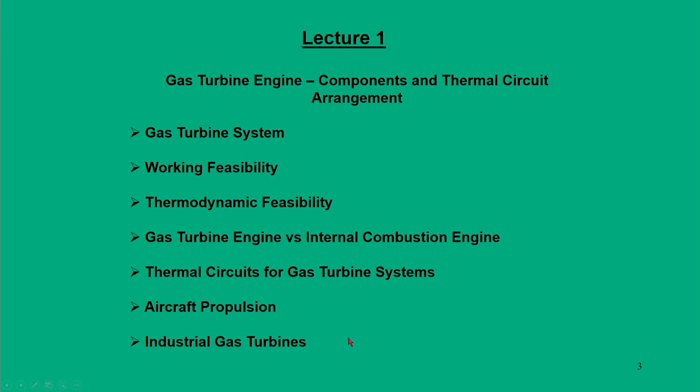However, our main intention would be simple gas turbine systems that are used for power generation, number 1. Second thing, thrust generation. For power generation, we are mainly interested in finding the work output. For thrust generation, we are mainly interested in getting the thrust out from the exhaust of the turbine.